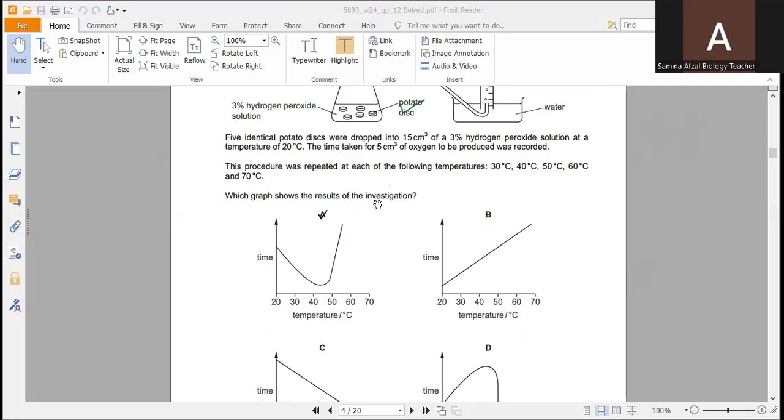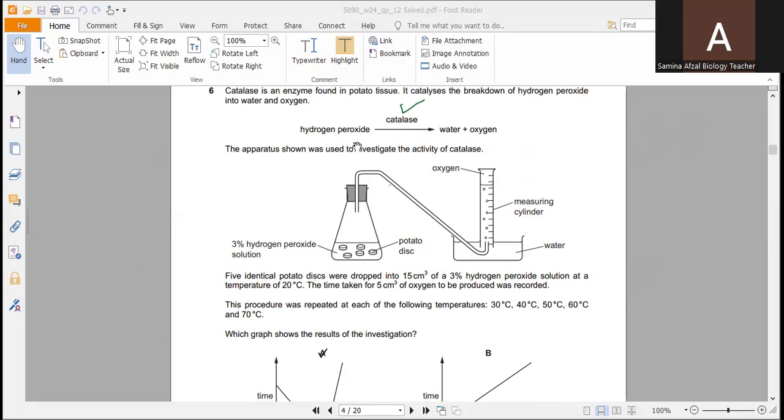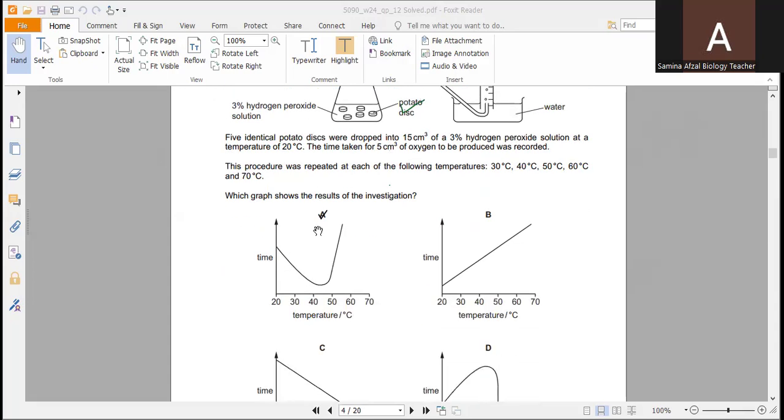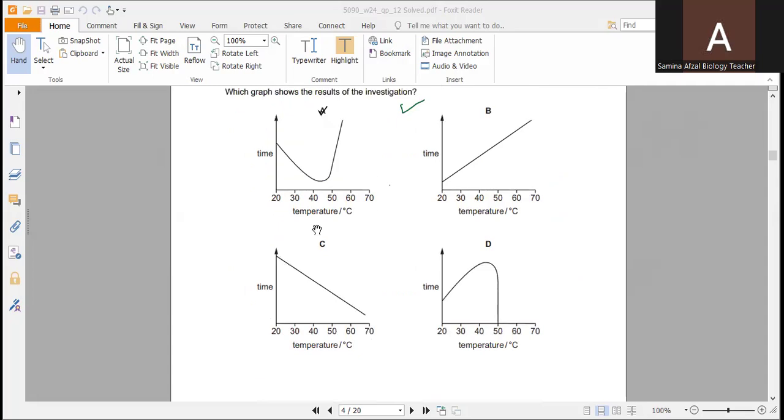Which graph shows the results of the investigation? Hydrogen peroxide in the presence of catalase will break down into water and oxygen. Here you can see four graphs have been given. On the x-axis, the temperature has been shown, and on the y-axis, time has been shown.